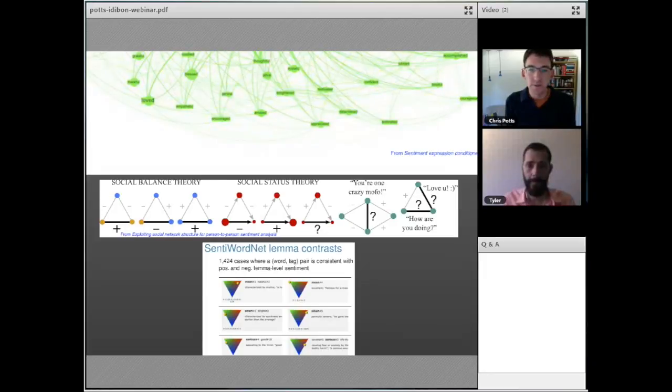This diagram is meant to bring out something like sarcasm, right? So, you're one crazy mofo, that could be negative or positive depending on the context. If you know the social link between those people is positive, you can get one read on it. If you know the social connection between them is negative, you could get another read on it.